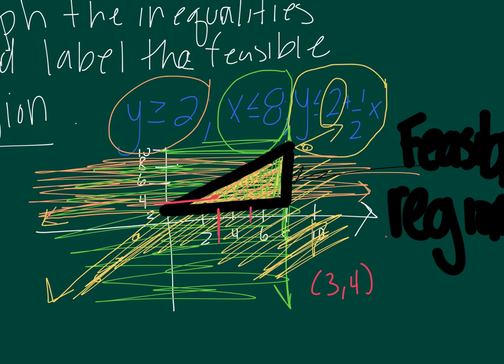Another one would be 5, 6. That's another point. Anything here wouldn't work. So when I ask you to give me points in the feasible region, it's just to see which one's inside. Okay? Now these corners do not work because this does not hit all the equations.